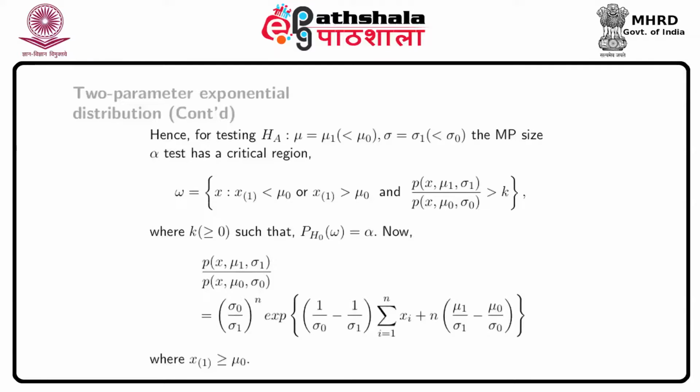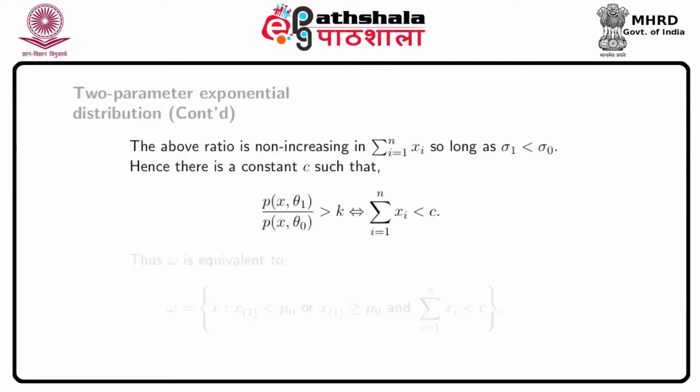Now p_x(mu 1, sigma 1) divided by p_x(mu naught, sigma naught) is equal to (sigma naught by sigma 1) to the power n, e to the power [(1 by sigma naught minus 1 by sigma 1) into summation xi plus n into (mu 1 by sigma 1 minus mu naught by sigma naught)], where x order statistics 1 is greater than or equal to mu naught.